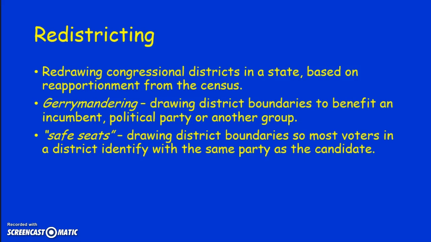If it were close, then that person would have to appeal to both parties so that they don't get kicked out of office for doing something that one of them doesn't like. They want to get reelected. That's the final goal.